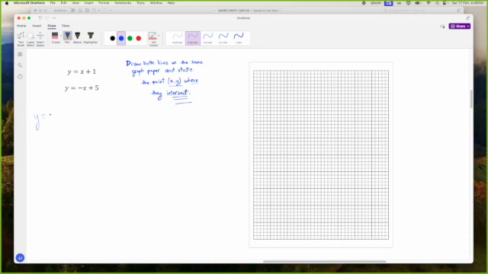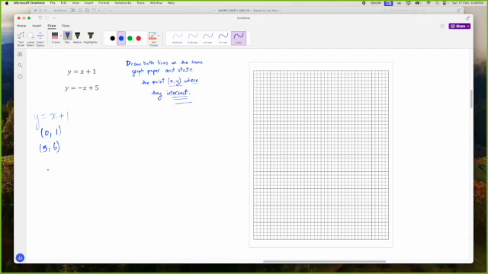Y is equal to x plus 1. I need 2 points, right? So when x is 0, I see that y would be 1. And if x is 5, y would be 6. All right, cool.